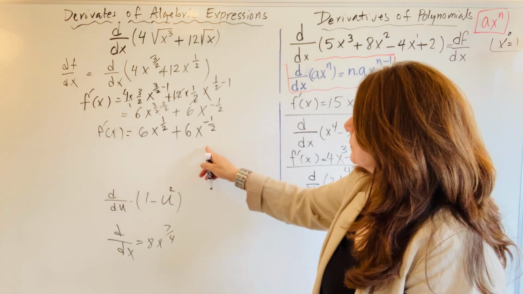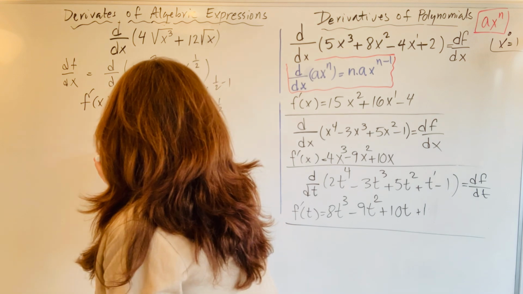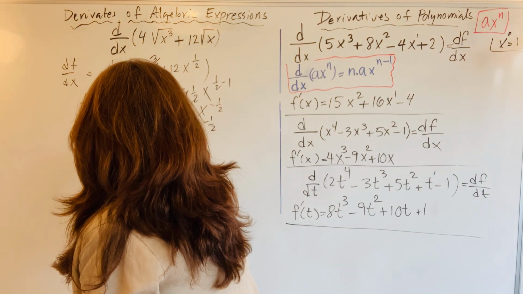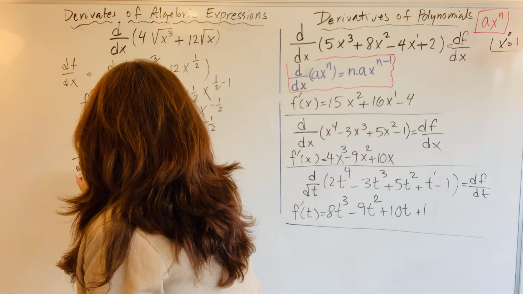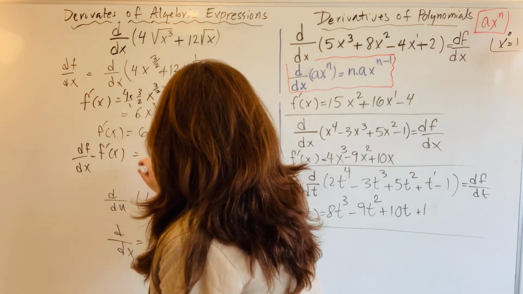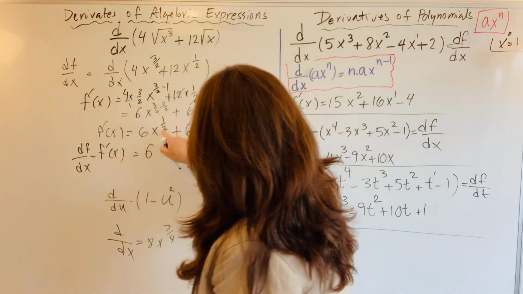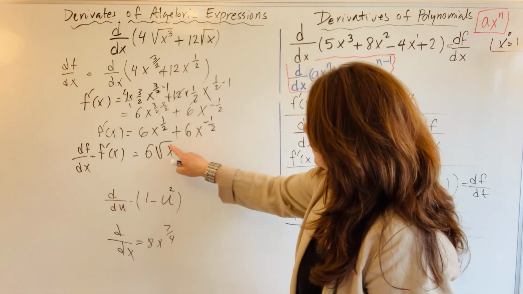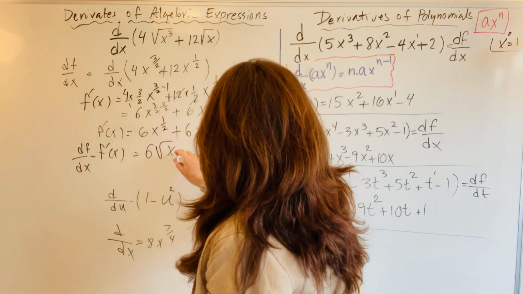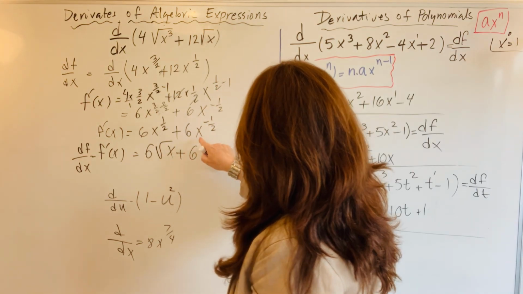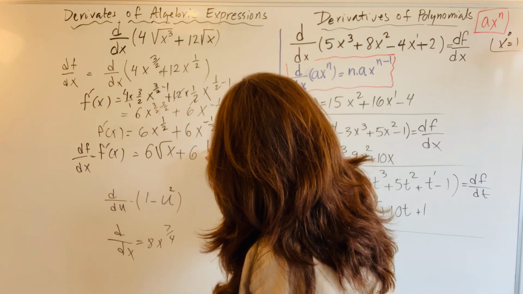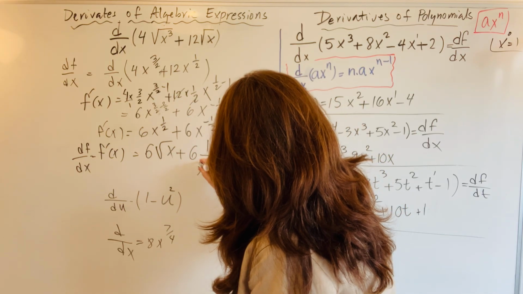We can write this one, or we can write this. f prime of x, or d of f over d of x is equal to 6 x to the 1 over 2, plus 6 times 1 over x to the 1 over 2.